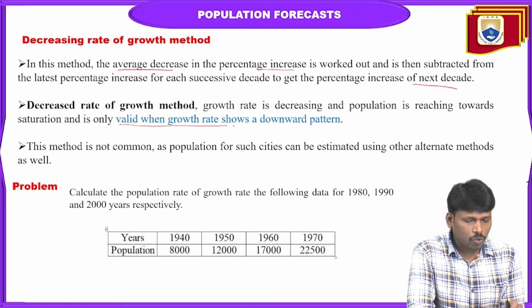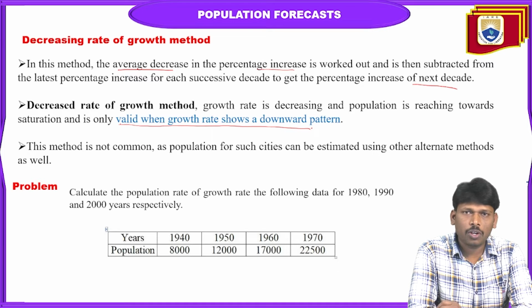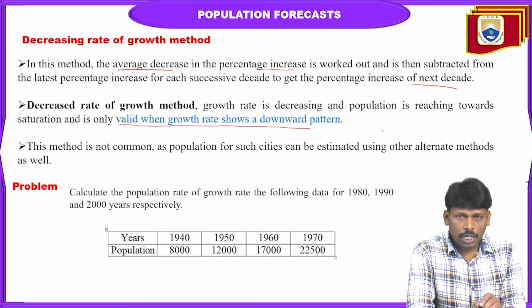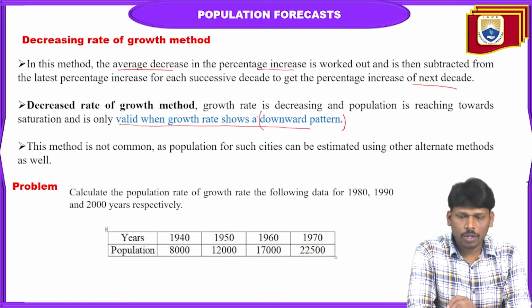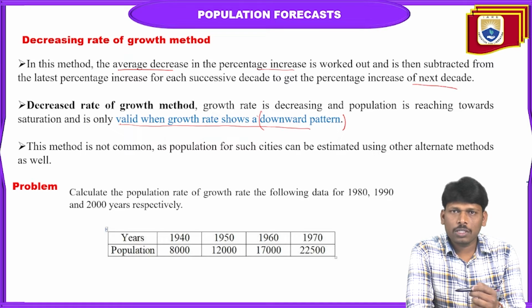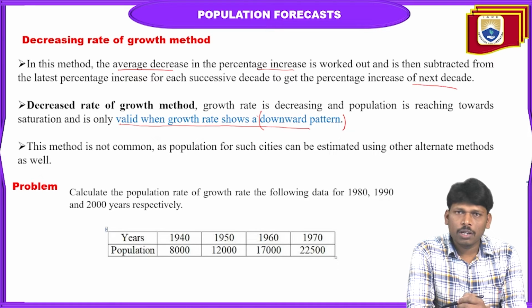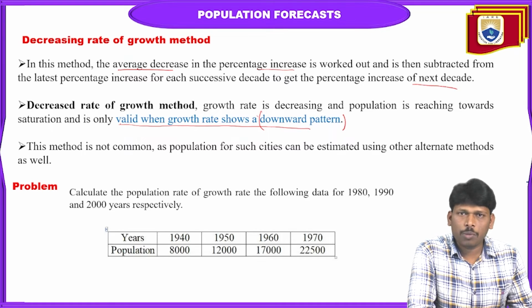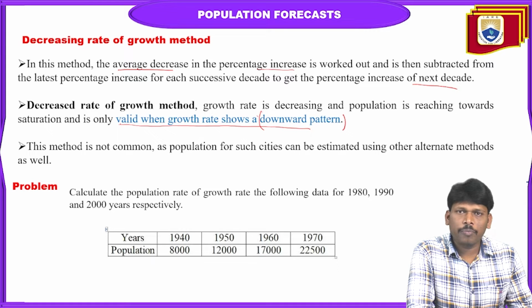when the growth rate of the particular city or town shows a downward trend. If, from the past few decades, the growth rate in terms of population of that city, town, or country shows a decreasing curve, then only are we supposed to apply this method in order to estimate the population.